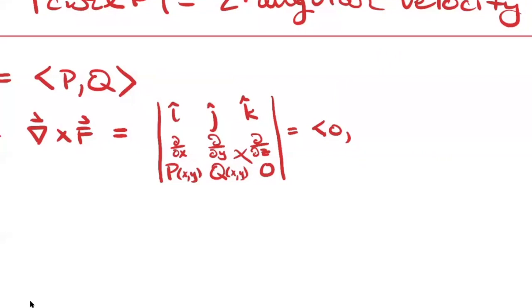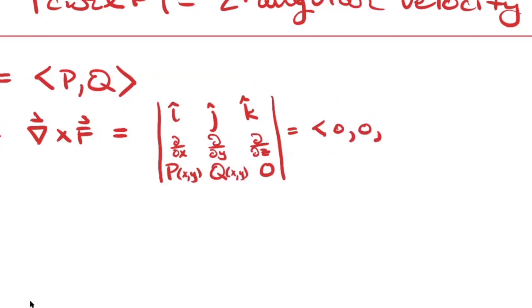The j component, the same thing is going to happen. You take partial of 0 with respect to x, which is 0, and the partial of P of x, y with respect to z, also 0. So you're getting 0 for the first coordinate, 0 for the second coordinate.